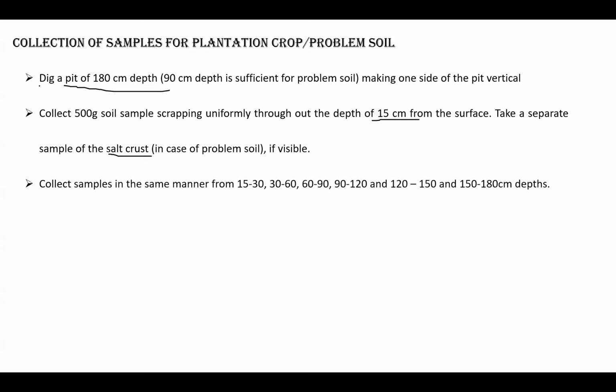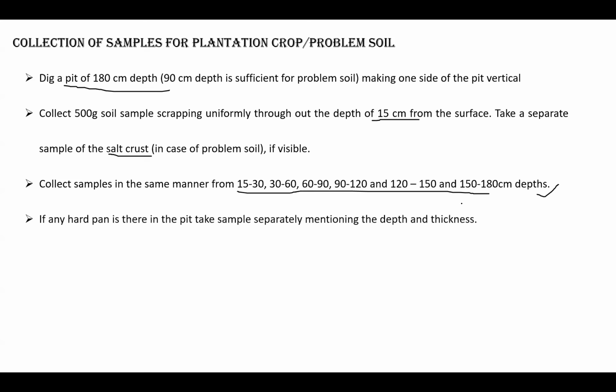Followed by, after digging 2 meters or 180 centimeters depth, we can collect the soil sample depth wise, like 15 to 30 centimeters, 30 to 60, 60 to 90, 90 to 120, 120 to 150, 150 to 180 centimeters depth, as follows.